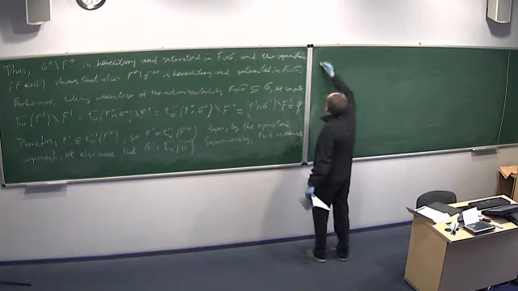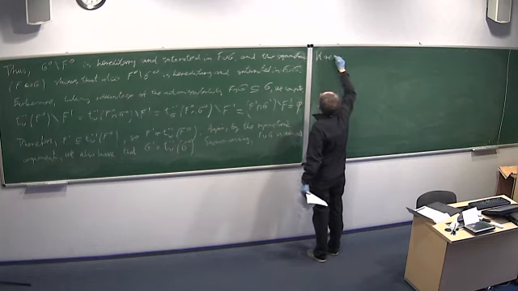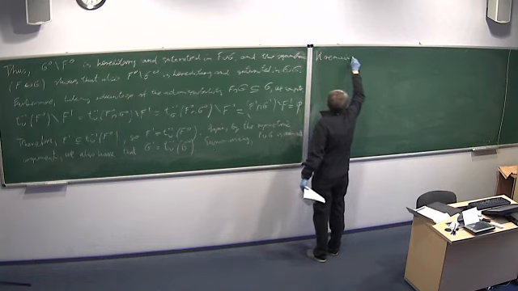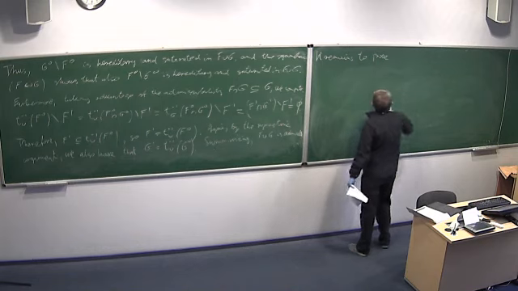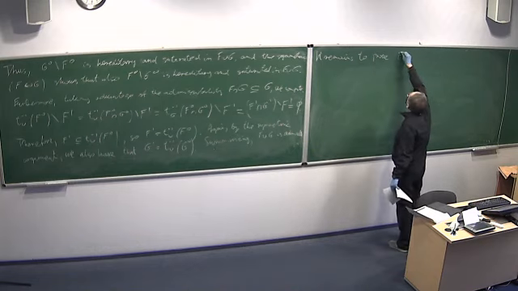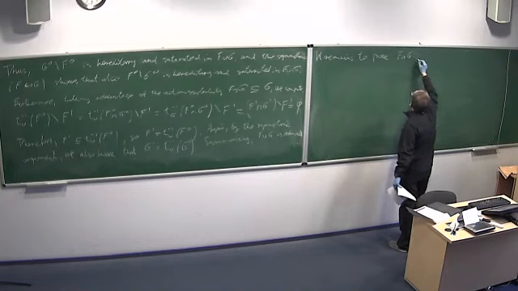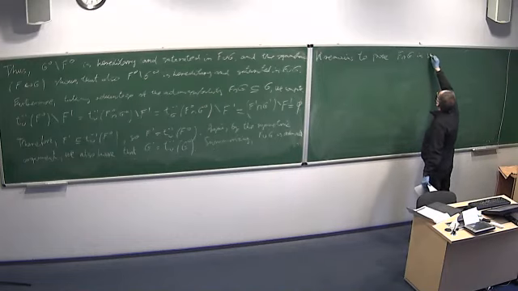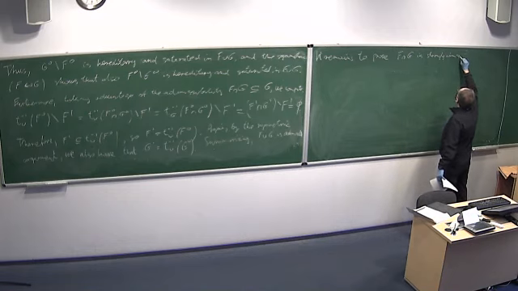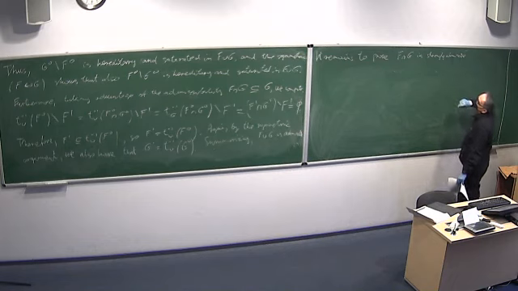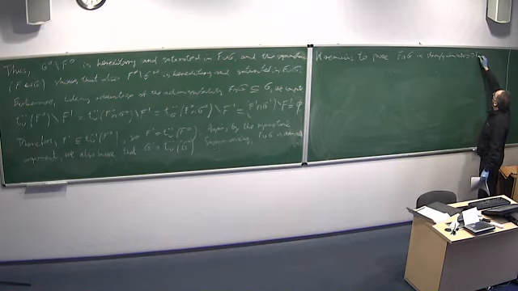Okay, so it remains to prove that if the intersection is strongly admissible, then the union is strongly admissible.